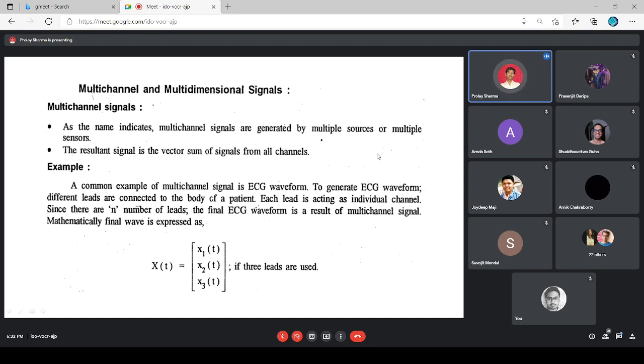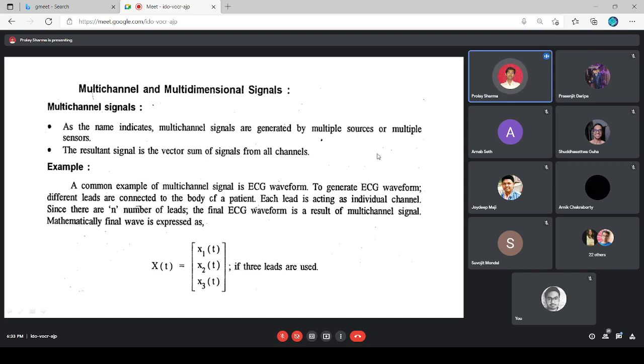So if 12 leads are there, that means 12 different sensors are placed on 12 different parts of the body. Each sensor is collecting data from a different part of the body. So 12 sensors are collecting 12 different signals.